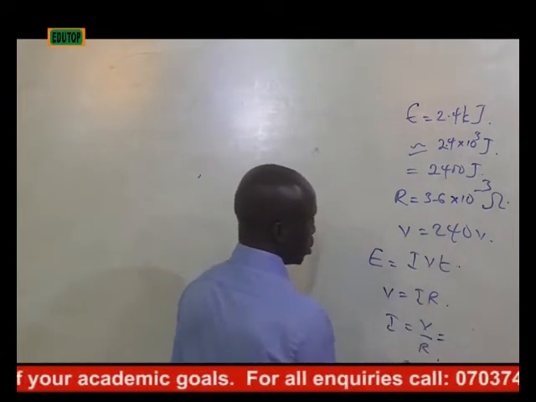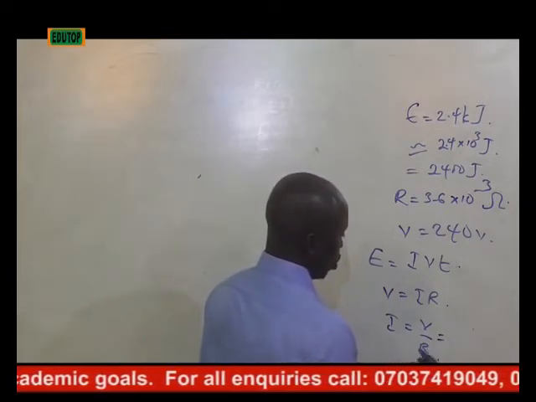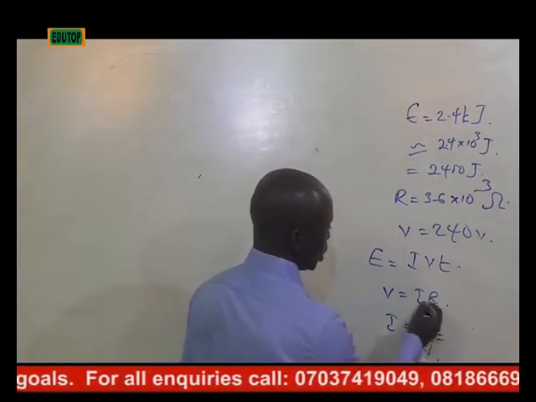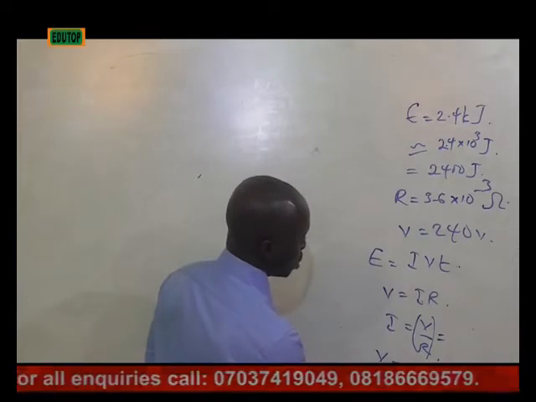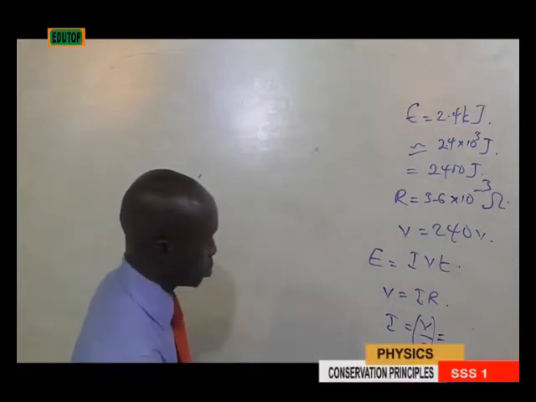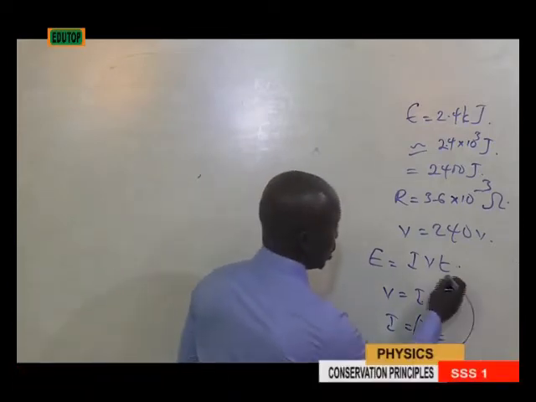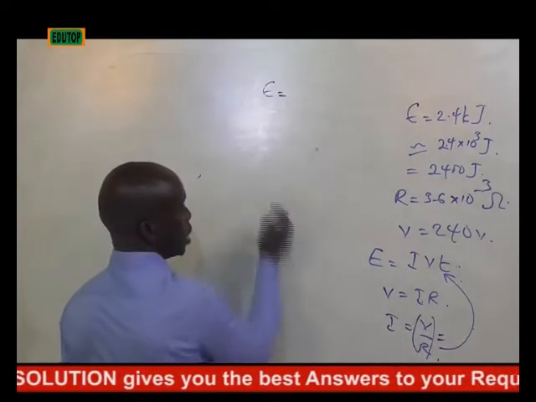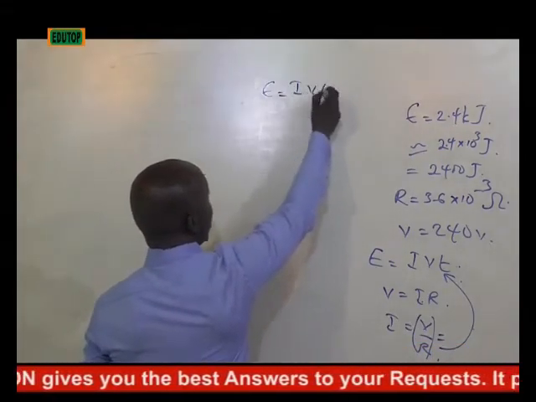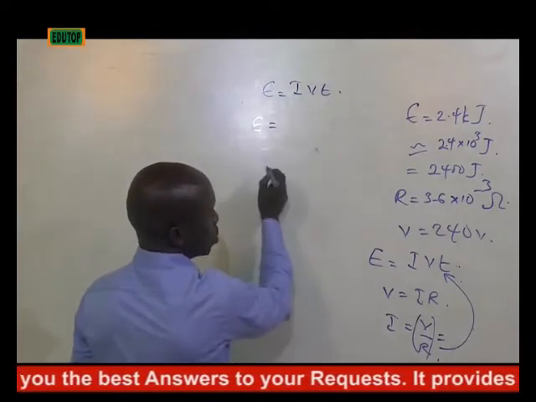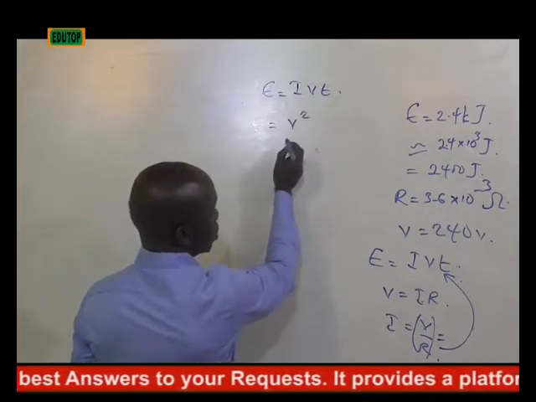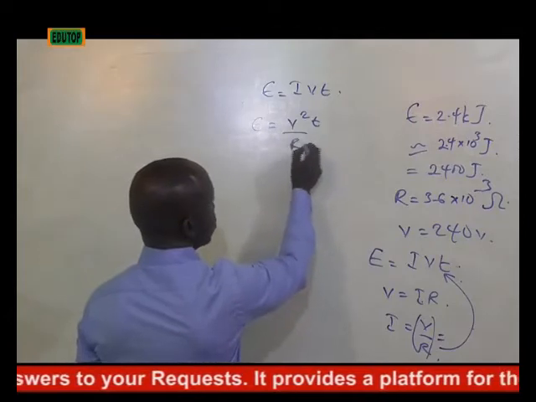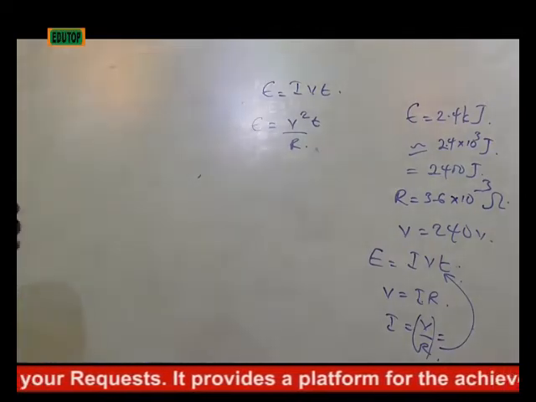So I can throw this in here. If I put it in here, instead of my E equals IVT now, I'm going to have E equals V squared T over R. You don't know how I got that?